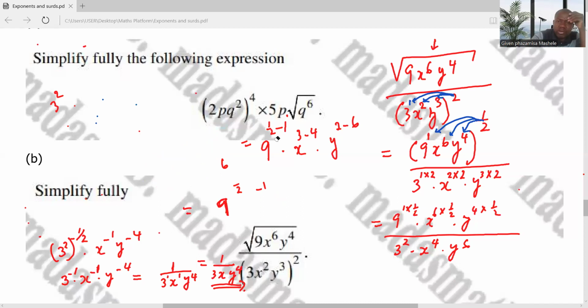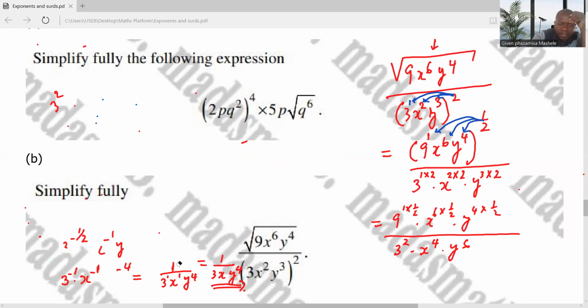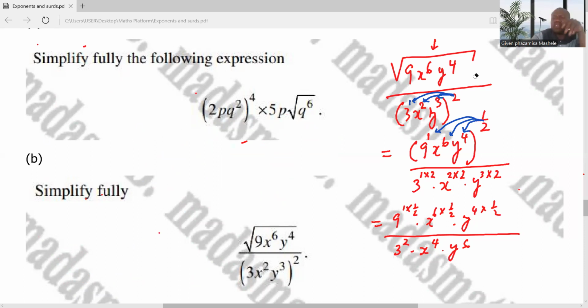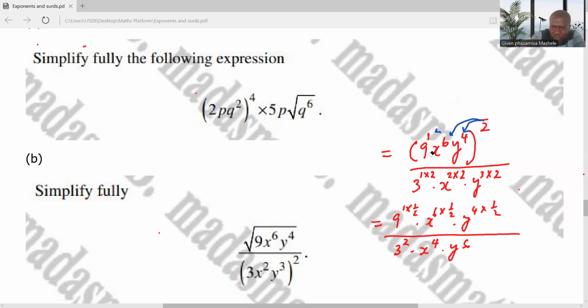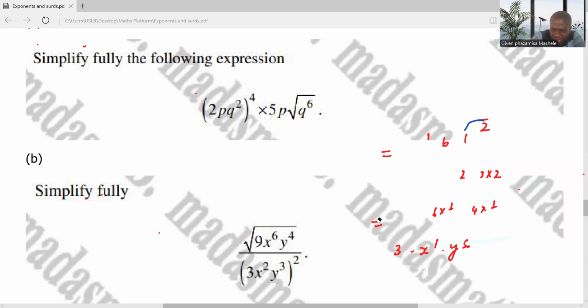And remember, this is not the only way of solving this question. Another way we can still apply surds, particularly on the numerator, because there are many ways to skin a cat, which means there are many ways of solving questions, especially in maths. So now, if you look at this question here, guys, if we do not want to change that root sign, we can say, okay, fine.